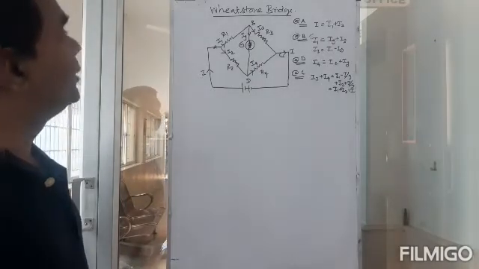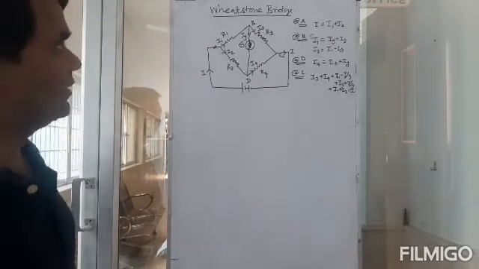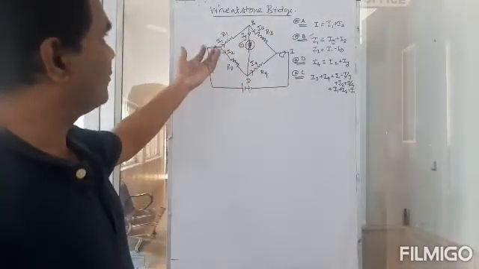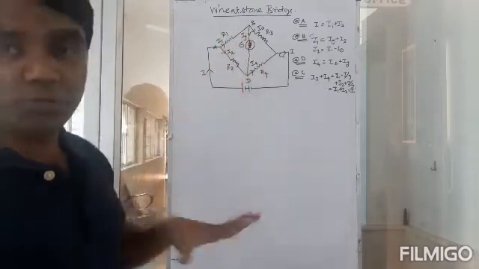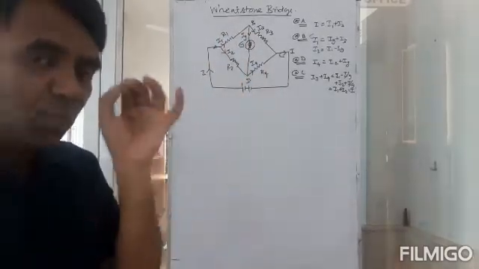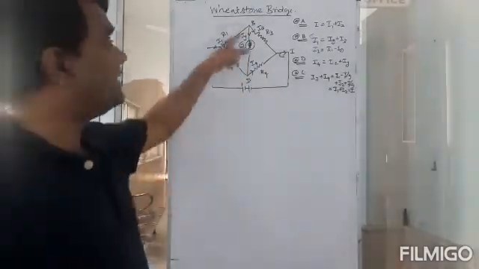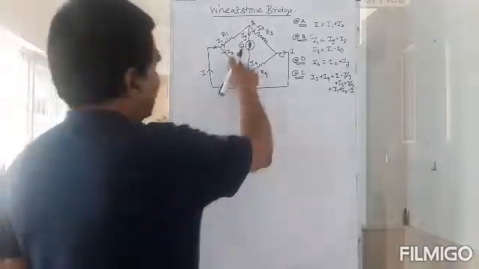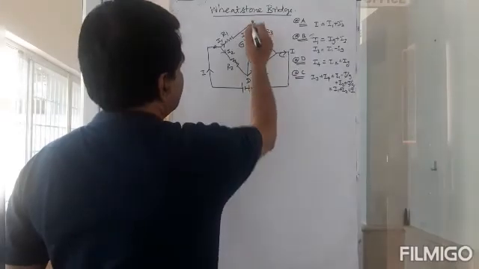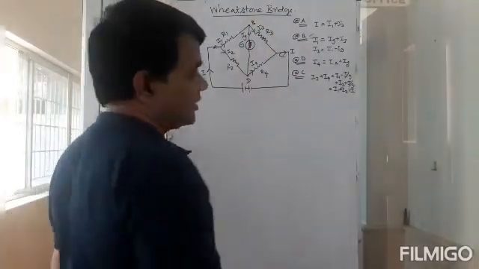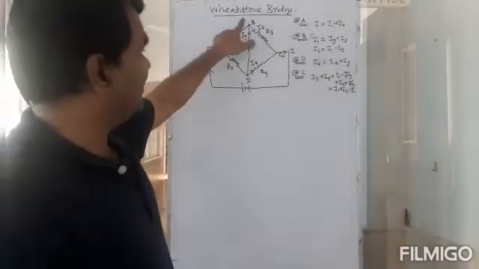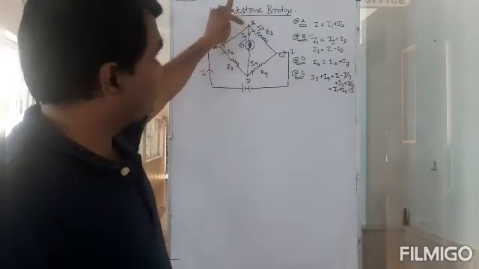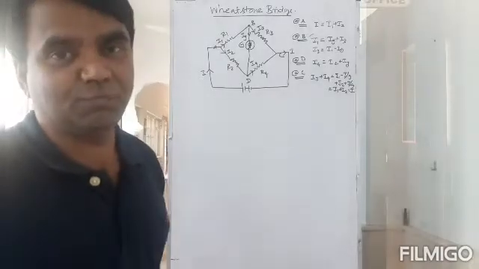Now we need to consider one case. Depending on the resistances, the values of I1, I2, I3, I4 and Ig will be different. But I'm going to consider one case where Ig will be equal to 0. When would that happen? It would happen when the potential at B is equal to the potential at D. If VB is equal to VD, then there is no potential difference, so Ig will be 0.